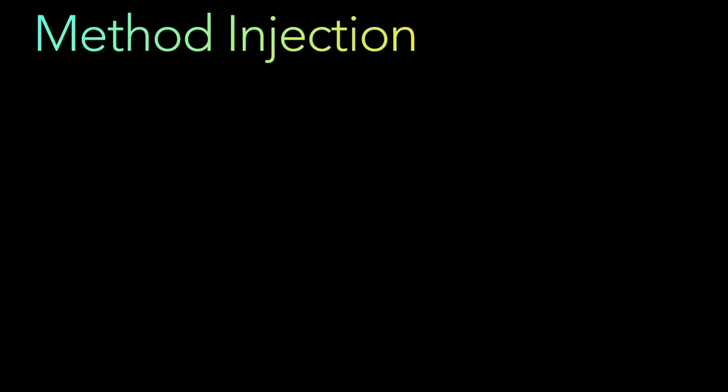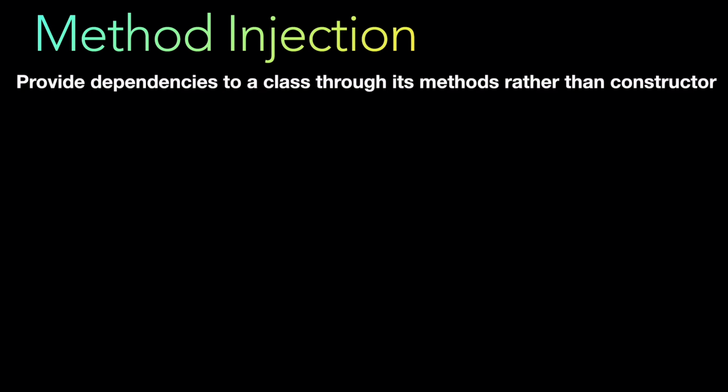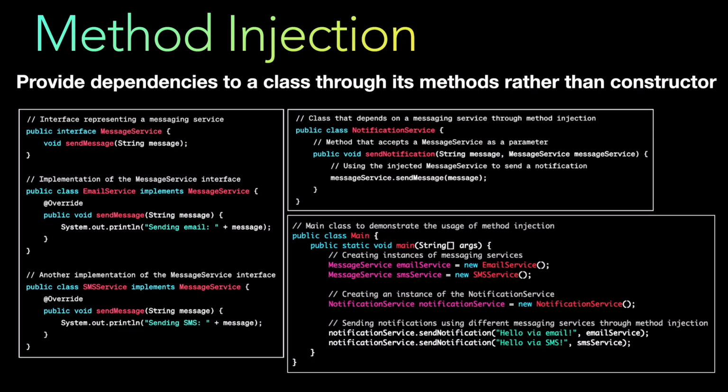Now let's look at method injection. Here you provide the dependencies to a class through its method rather than the constructor. Let's take a look at the same example, but let's see how we can implement it using method injection. On the left, you have the message service interface, email service and SMS service, which are the same as the previous example.